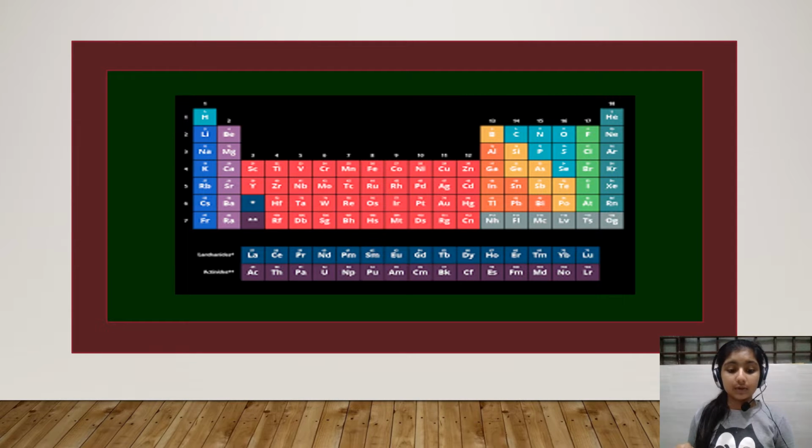Let me show you with the highlighter. At this point also the series breaks. Why does the series break? The simple reason is that these two blocks are of lanthanoids and actinoids.